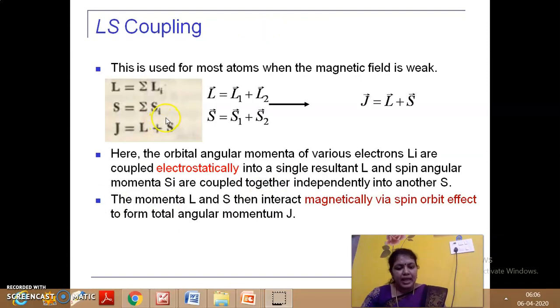When I say LS coupling, it is used for most atoms when the magnetic field is weak.